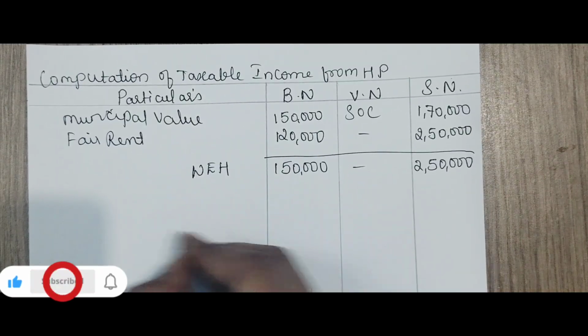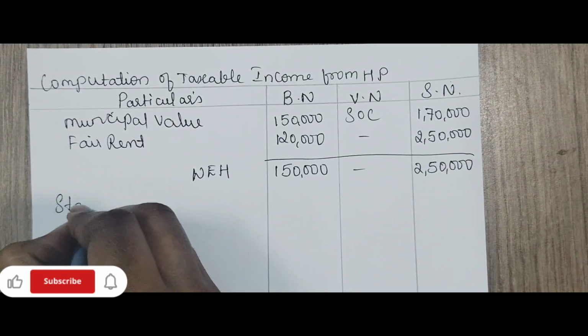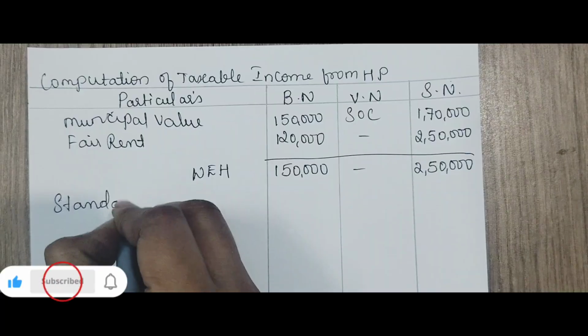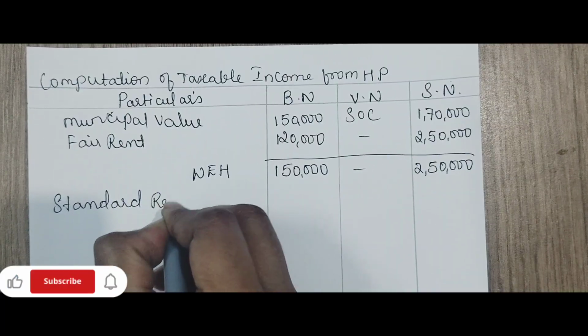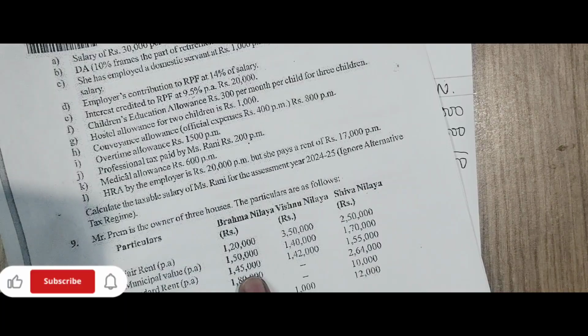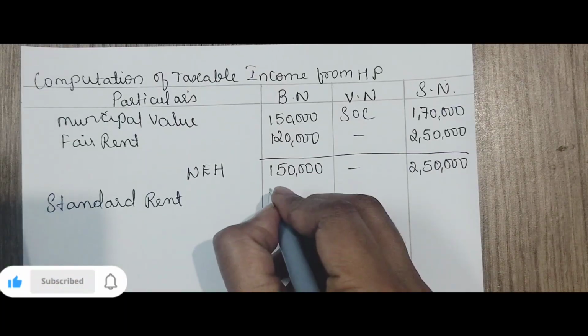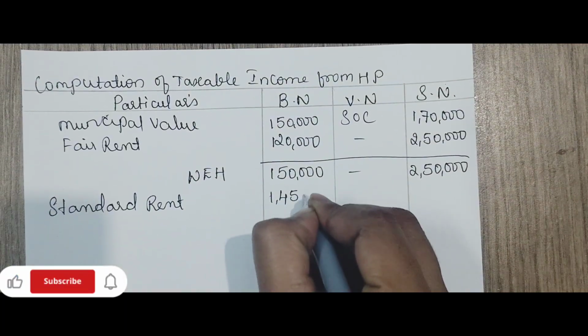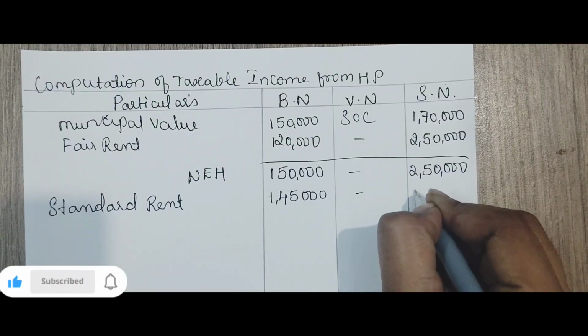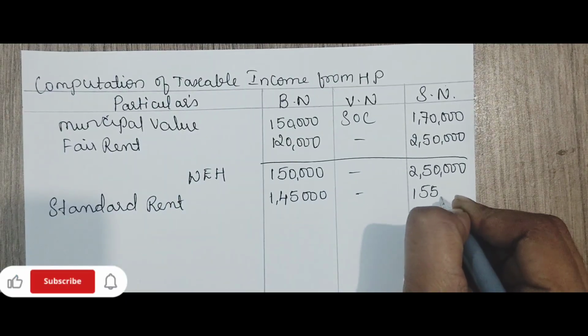Now, with this you are comparing the standard rent. Standard rent is 1,45,000 and 1,55,000.